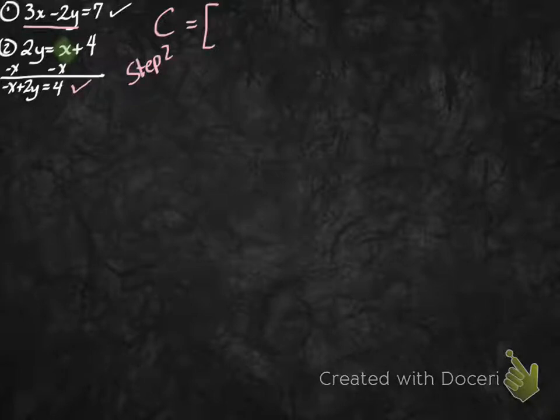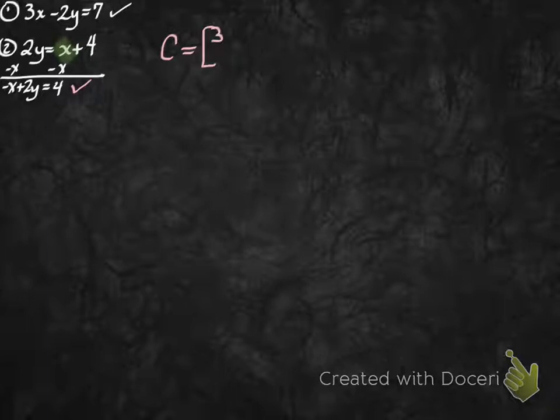So in my equation 1, I have a 3 in front of my x and a negative 2 in front of my y. And in equation 2, I have a negative 1 and a 2.